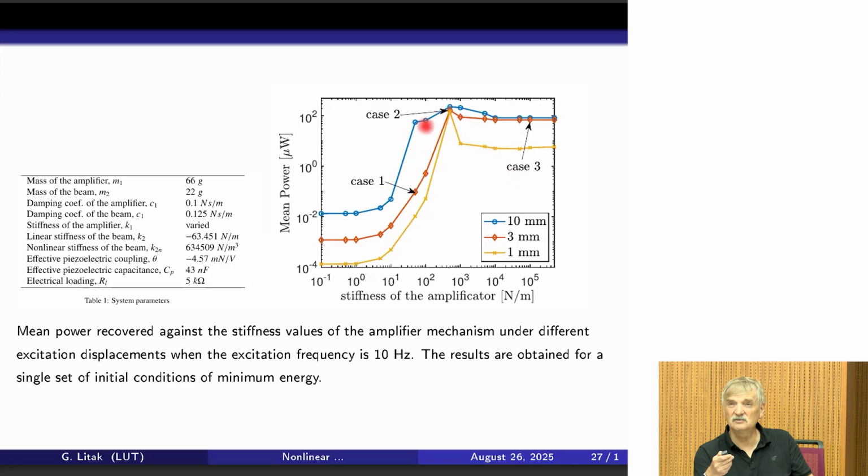Yeah. So you can see the power is the highest just in some region, and we also studied the stiffness of the amplificator.